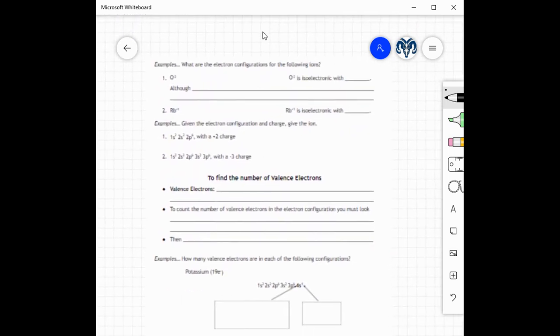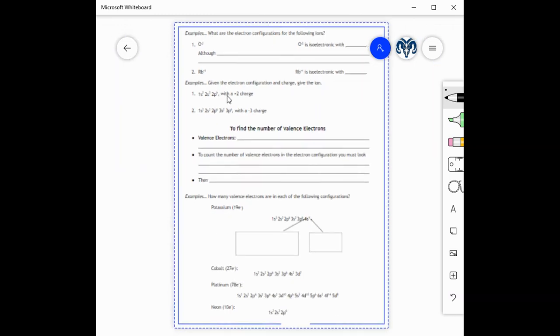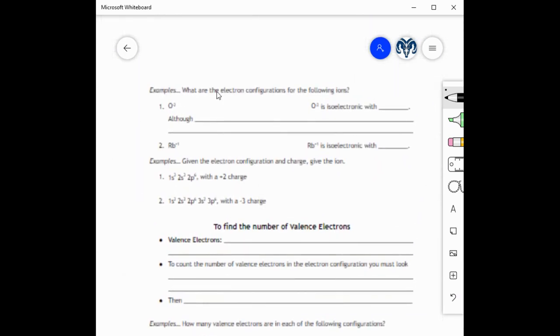So some examples. Let's see if that helps. What are the electron configurations for the following ions? All right, so we have O -2. If we look at oxygen, oxygen has 8 electrons, but this is a -2.